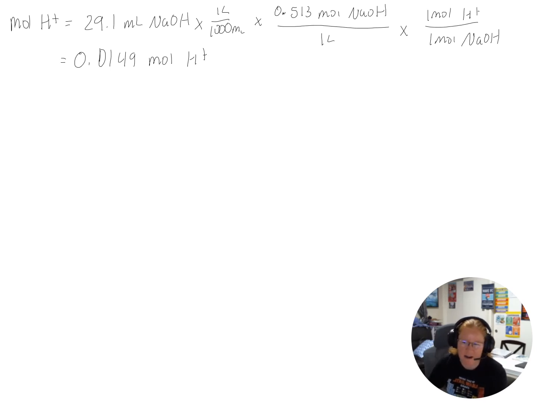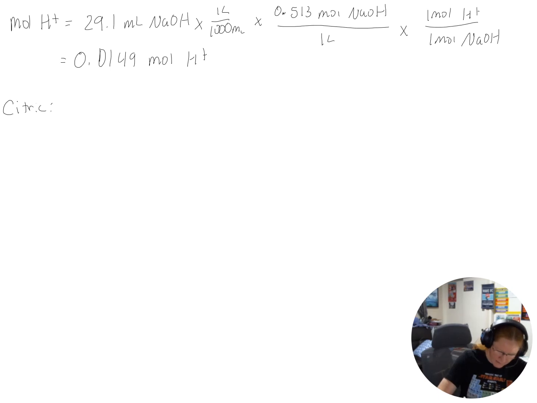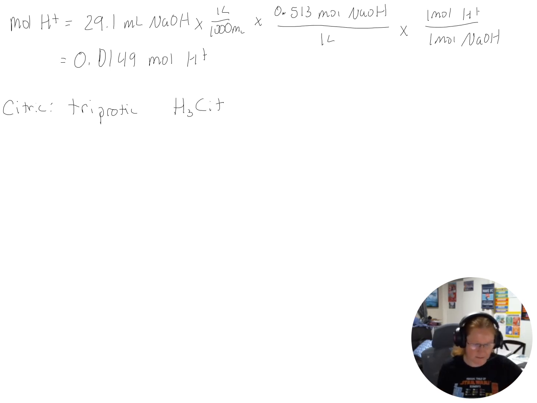So now we have to figure out, did we get those hydrogen ions off of a diprotic acid or off of a triprotic acid? What we're going to do is look at our two acids. Now our citric acid is triprotic. That was that H3 cit. So to figure out the moles of citric acid, we would have to divide the moles of hydrogen ions by 3.